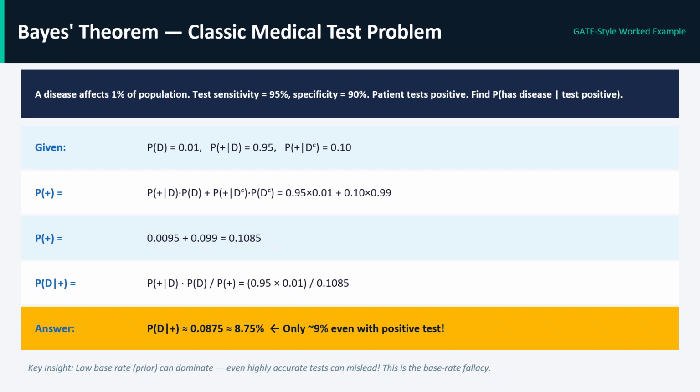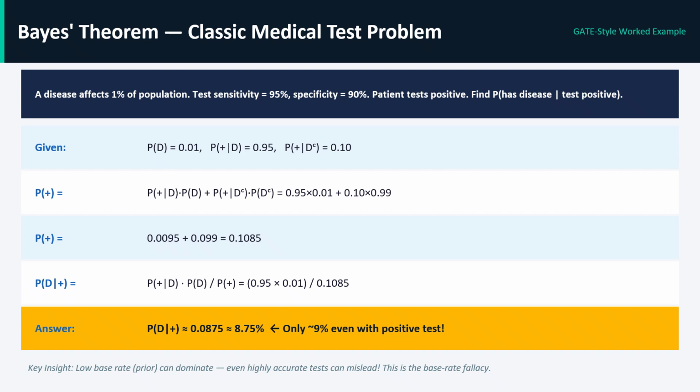For example, let's take a classical medical test problem. A disease affects 1% of the population, but once the patient goes for testing, sensitivity is 95% and specificity is 90%. The patient tests positive. Find the probability that the patient has the disease given the test result is positive.